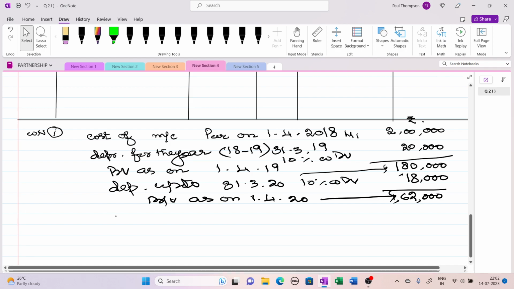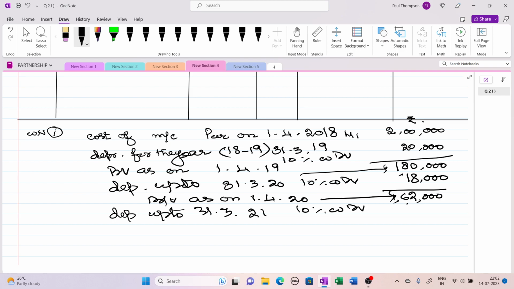So now depreciation up to 31st March 21. Again 10% WDV, 16,200. Now the book value is 1,45,800.